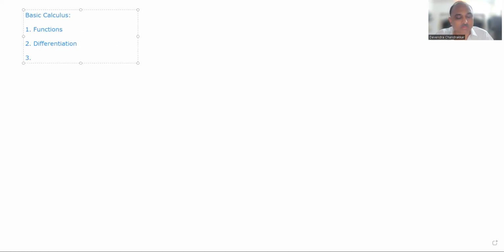And the third thing we will discuss is integration. Once after differentiation, there will be a small topic of application of derivatives also, that is maxima and minima. This is application of differentiation.